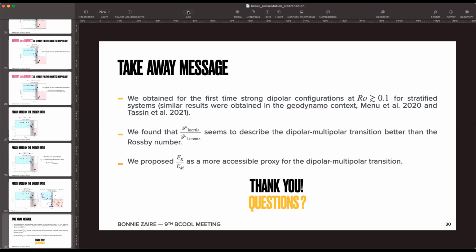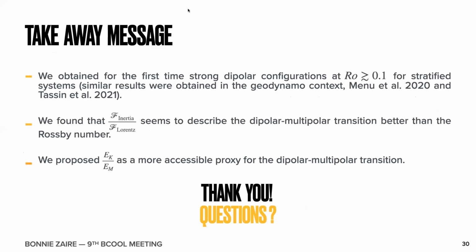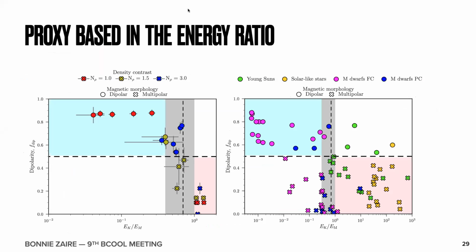Oh yeah, Julia. If I can comment on that, maybe on the place of the sun, the problem may be that it depends on how you consider the dipolar magnetic energy, and especially if you estimate it from the Zeeman-Doppler map, which only considers the large-scale field, you may be in a way biased, in the sense that the magnetic energy in the large-scale field for the sun is very low.